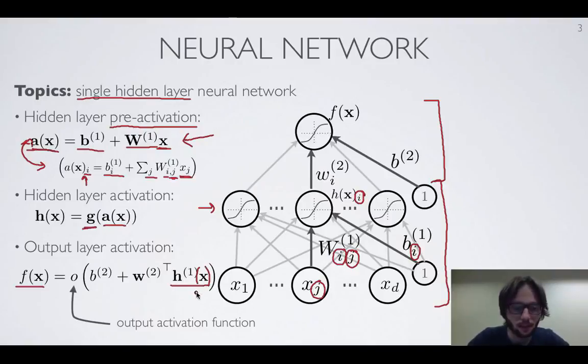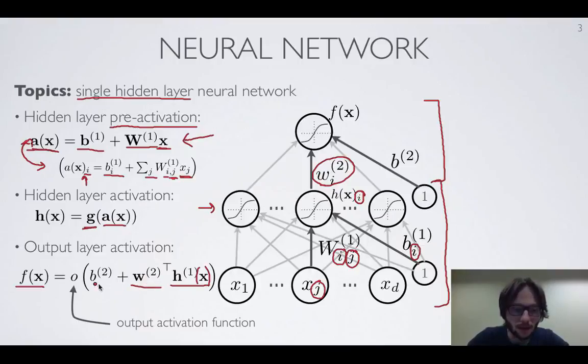So we'll take that vector of hidden units and then we'll multiply it by w2, which is going to be the vector of weights between the output and all the hidden units. So w2 i here is the weight of the connection between the output unit and the ith hidden unit.